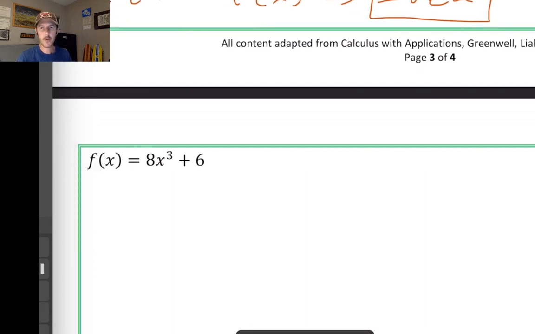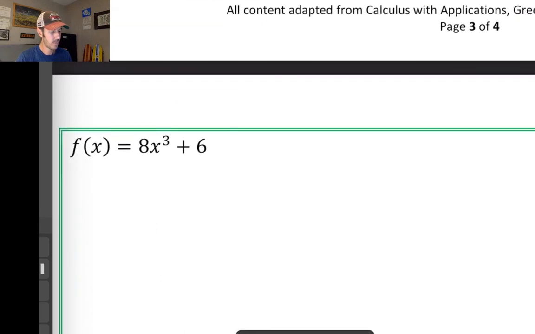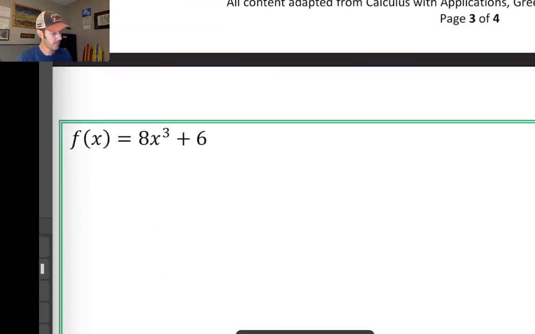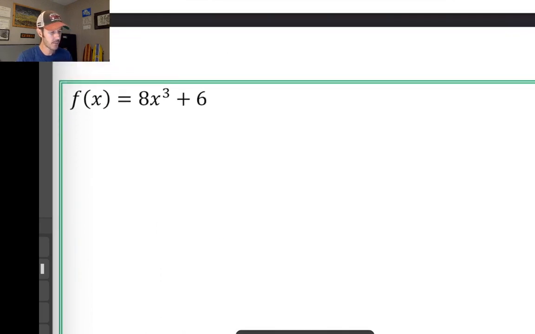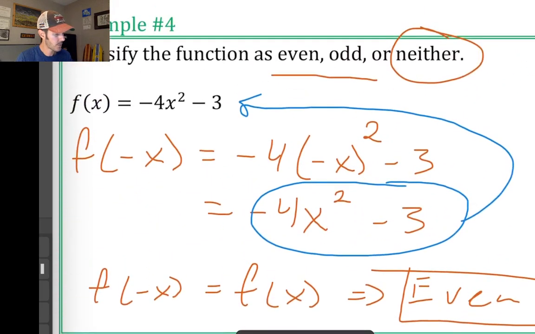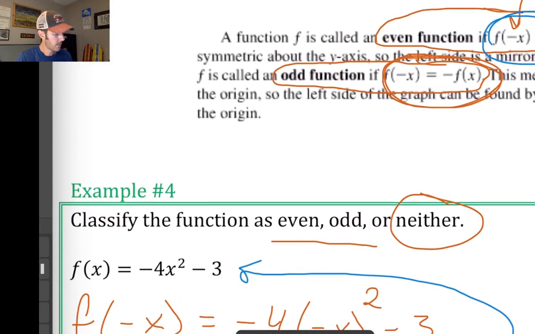We could go through the process of testing it to see if this is an even function. I happen to know that it's not, so I'm going to skip it and test this to see if it's an odd function. To see if it's an odd function, remember that we're still going to need to determine f of -x, and then we'll need to negate the entire function, negative f of x.